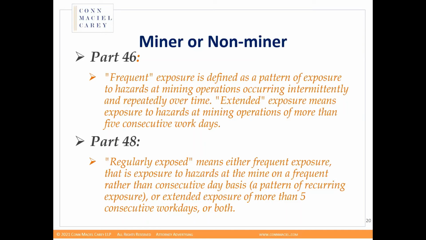Otherwise, some judges and MSHA might find this to be frequent or extended exposure because maybe it was a week apart, and if they hadn't had that intermittence or delay, there would be 5 consecutive work days. So again, it's a sliding scale. We have to look at them both together.